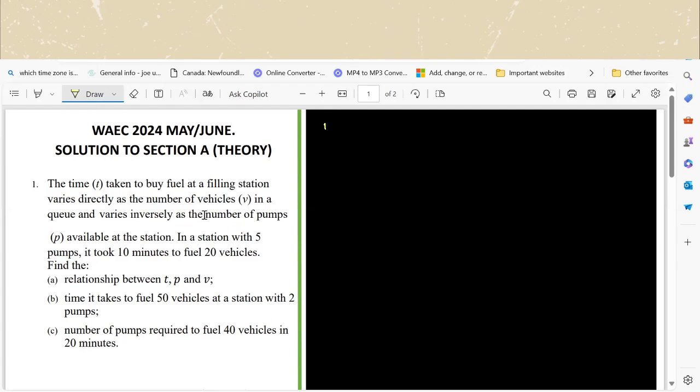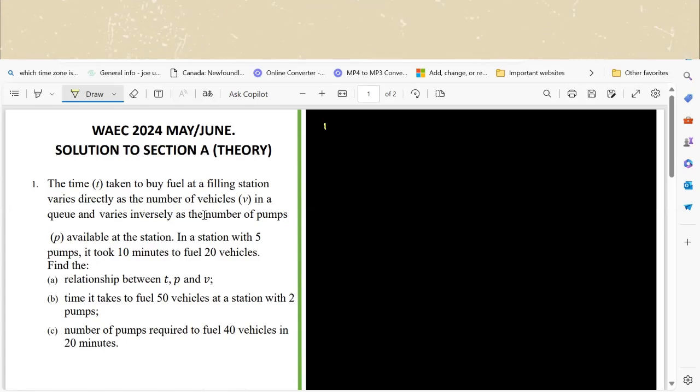Now, question number 1, we are told that the time taken to buy fuel at a filling station varies directly as the number of vehicles V in a queue and varies inversely as the number of pumps.